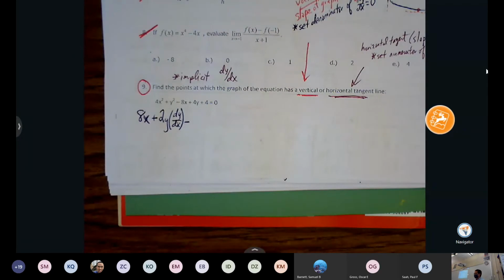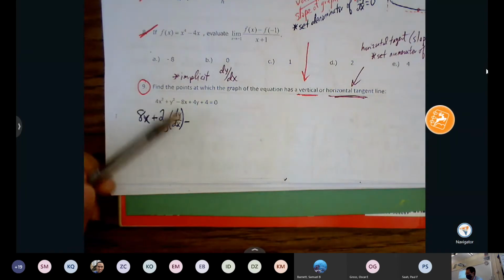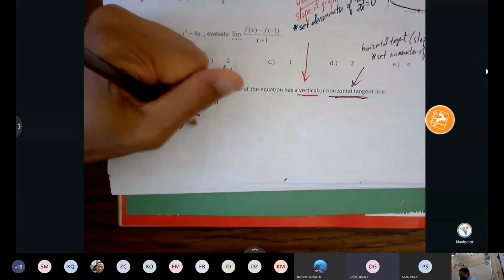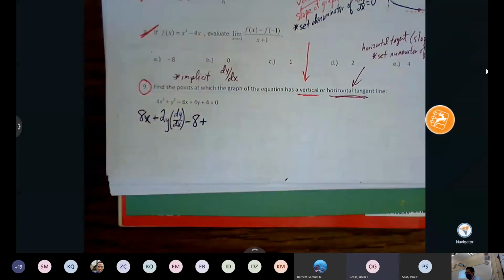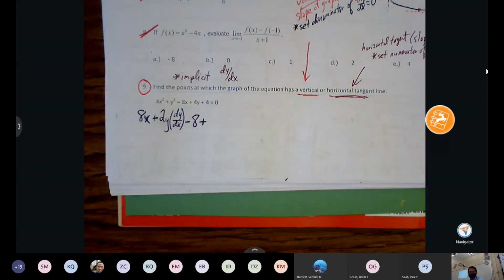All right, minus 8. Plus, what does 4y turn into? dy dx. Good. We took the derivative of y, so dy dx has to pop up, even though the y disappears.